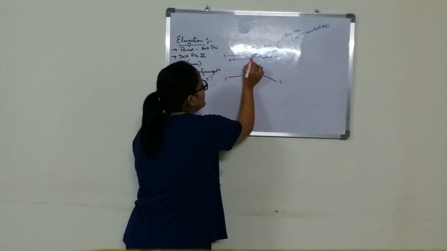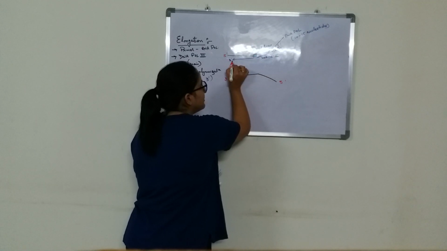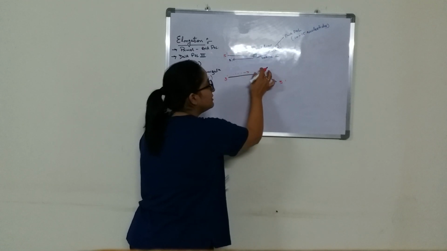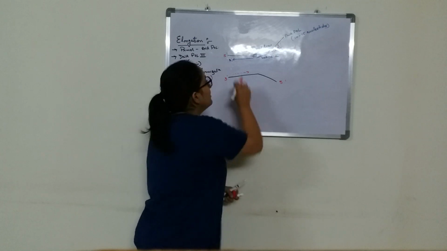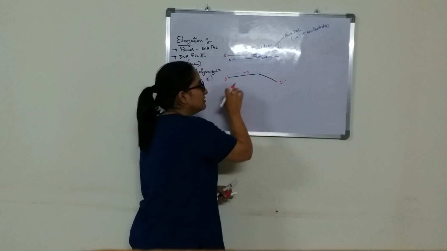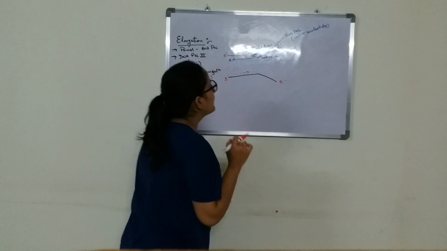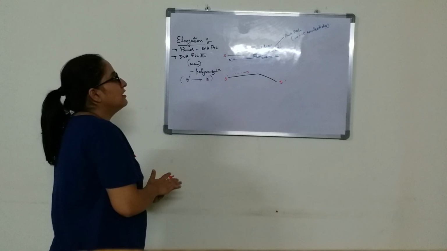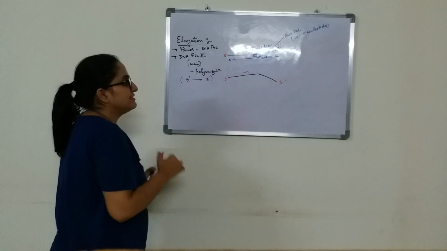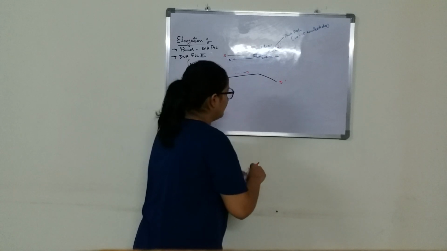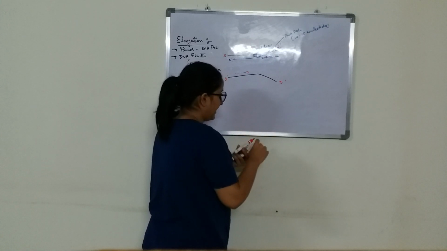If it is making the nucleotides here, it cannot just simply jump and make the nucleotide from this place, right? So what happens? There is a loop that will be formed from the 5 prime end.